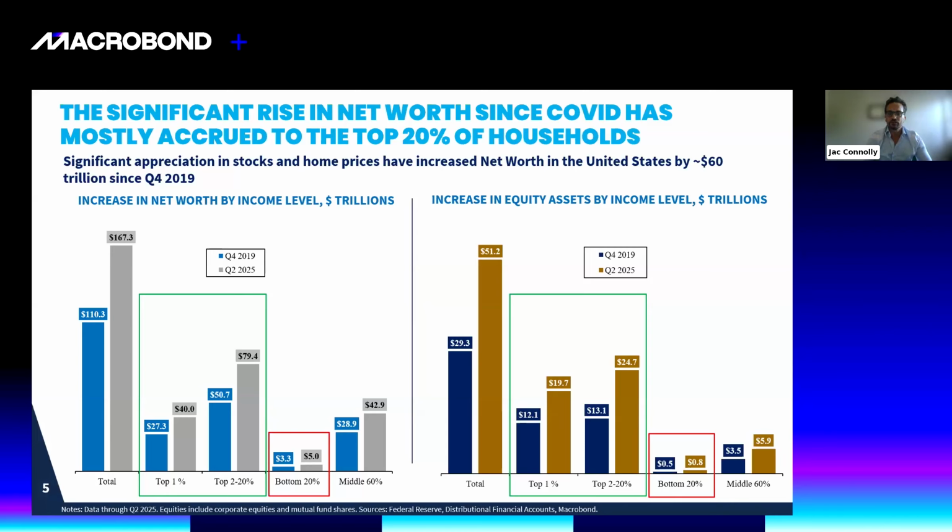But as this chart shows, the significant majority of the increase in net worth has accrued to the top 20%, with the top 20% having their net worth rise by almost $40 trillion compared to only a $2 trillion gain for the bottom 20%, right? And so this divergence is really fueling and shaping the K-shaped nature of the economy that Leo was talking about.